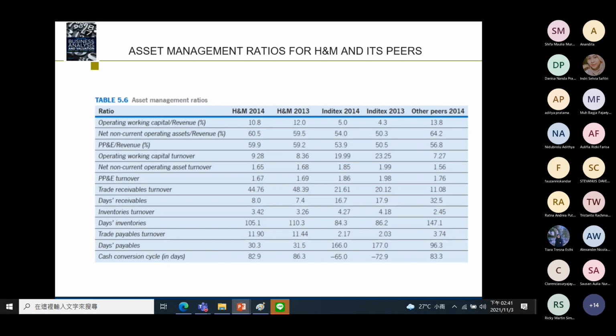This small decrease in turnover signals that HMM's increased focus on higher margin activities, such as investment in new brands, may force its management to make greater investment in non-current assets and consequently accept lower turnover.